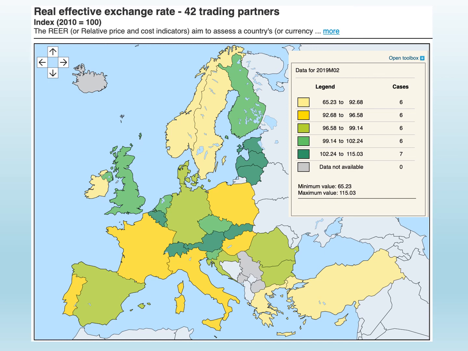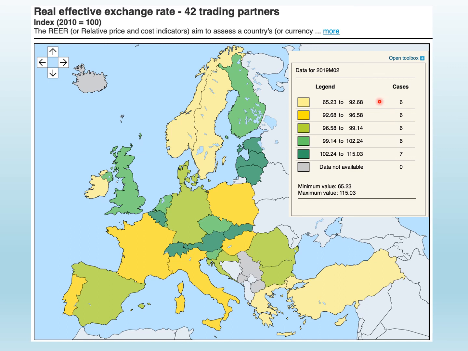So this makes for a very interesting comparison. This is the most recent data available, and the way you understand the diagram is that as the number becomes larger, the country becomes increasingly less competitive.